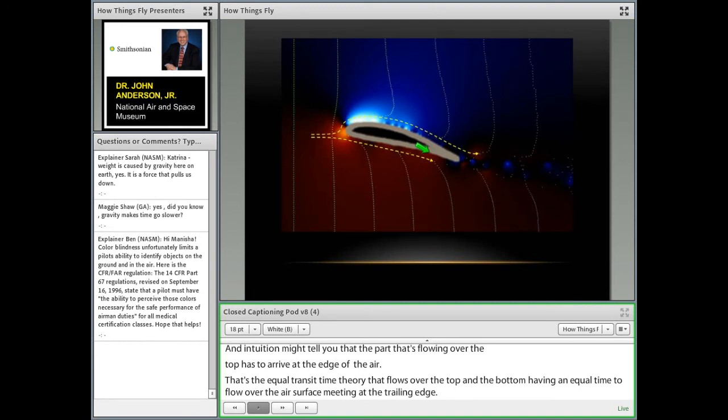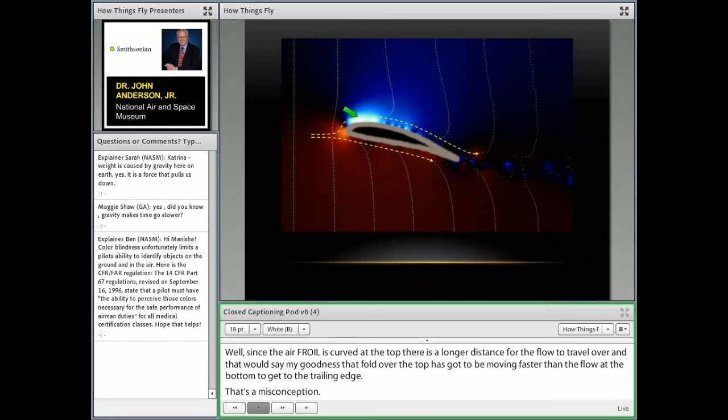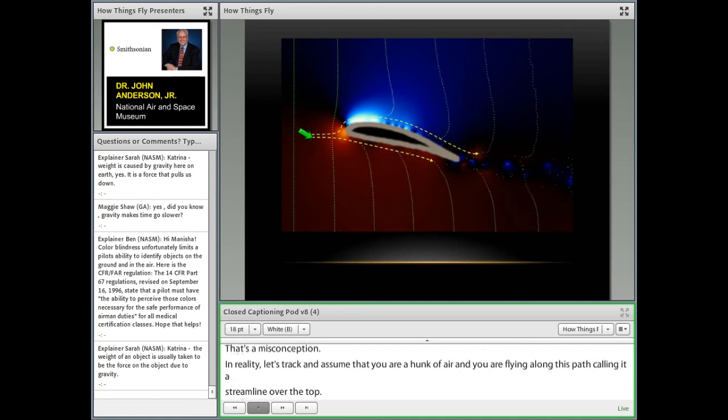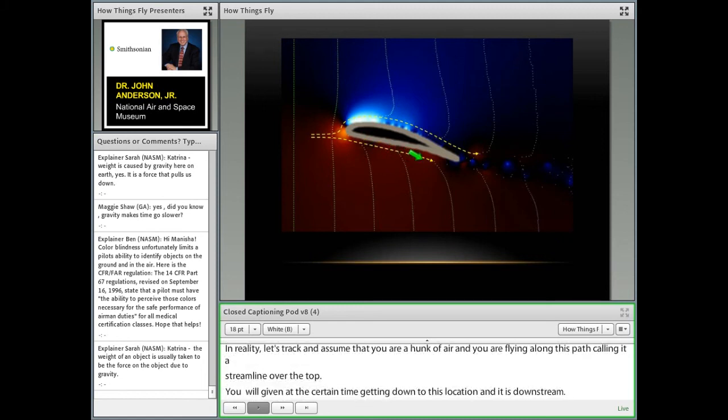That's a misconception. In reality, let's assume that you are a hunk of air, and you are flowing along this little path, call it a streamline, over the top. Given a certain period of time, you will get down to this location, downstream, behind the airfoil. If you are also a hunk of air flowing over the bottom surface of the airfoil, in that same amount of time, you will only arrive at that location.